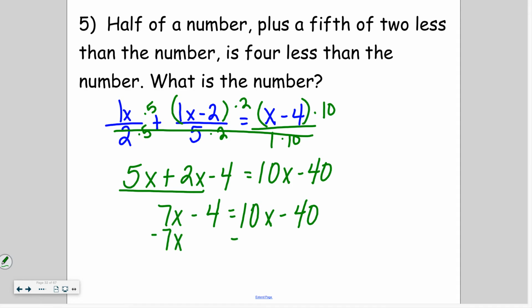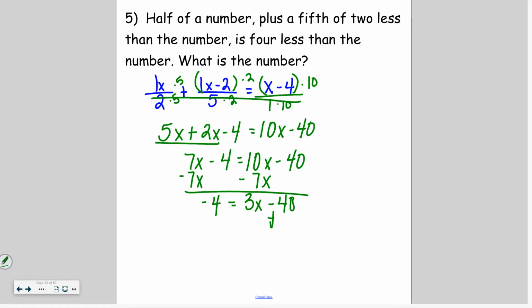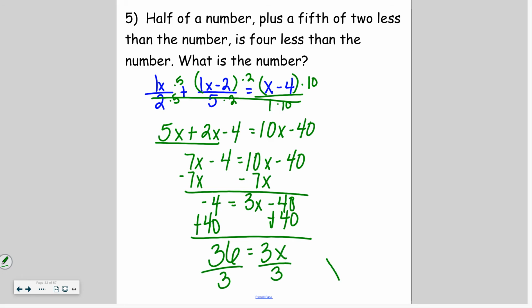So minus 7x. So we have negative 4 is equal to 3x minus 40. Now I'm going to move that 40. So add 40. We have 36 is equal to 3x. Divide by 3. And x is equal to 12.